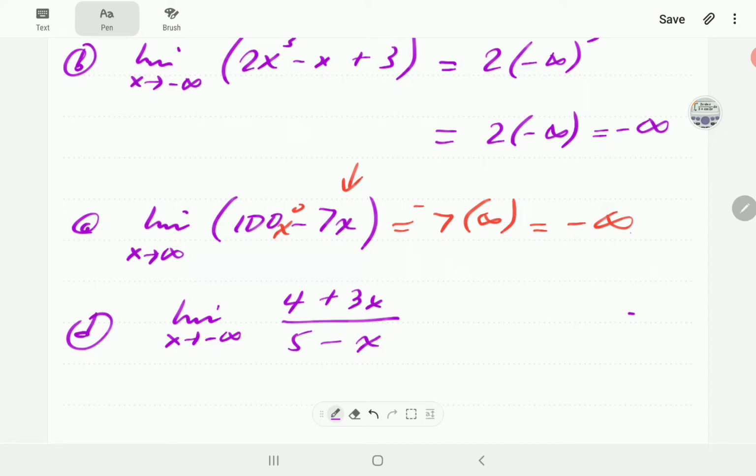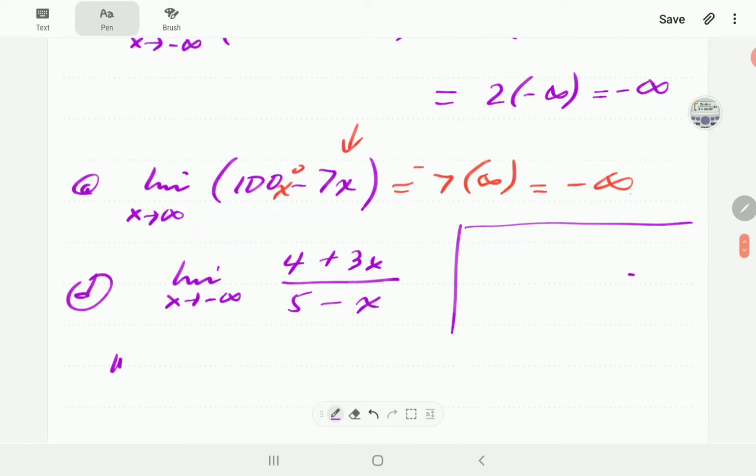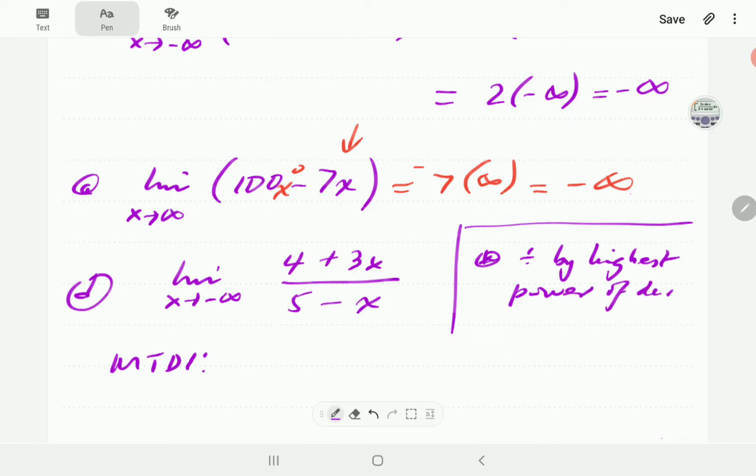Now, in the previous video, we said for these ones, rational functions, the method that we can apply is to first divide everything by the highest power of the denominator, and then do direct substitution. So that's exactly what we're going to do.